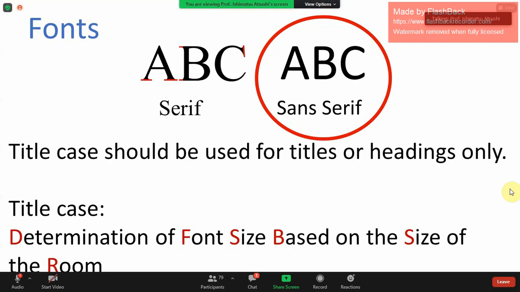This is okay, but it should be used for titles or headings only. For other sentences or bullet points, you capitalize only the first letter of each line. The others are better all lowercase because it is easier to read.